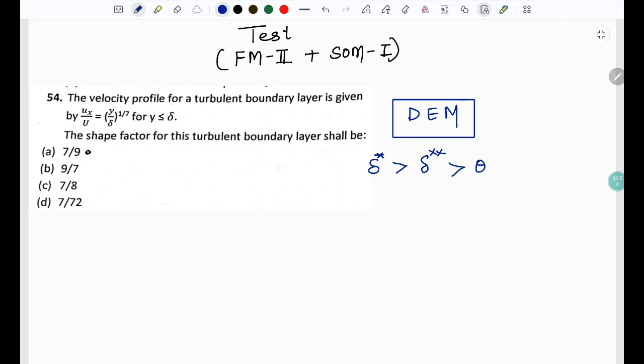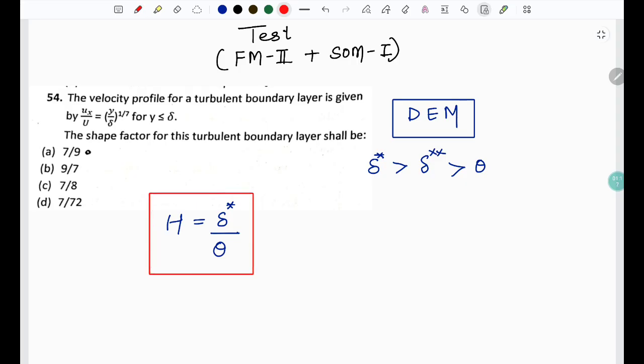So that means that H should be equal to delta star, that is displacement thickness, over momentum thickness. This is the actual formula and this is what they asked.